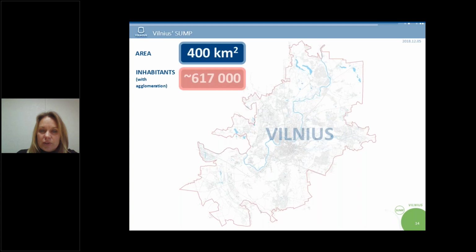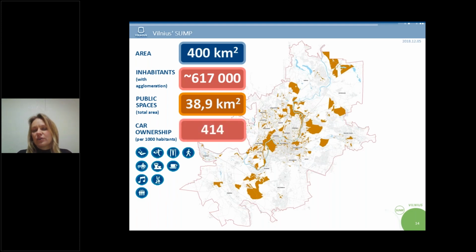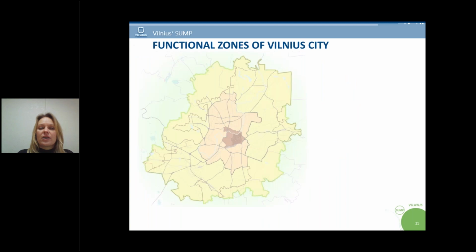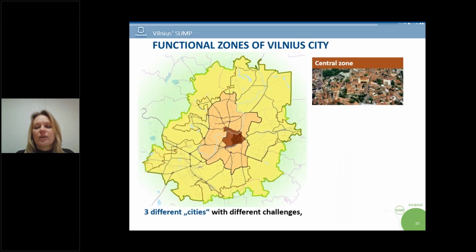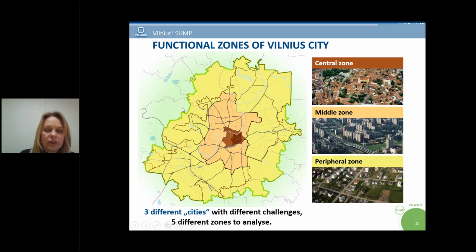So to continue about the methodology and process of doing Vilnius SUMP, I need to get you a little bit into the context, not into the details about how many streets or how many cars or bus lines we really have, but just to show that we see Vilnius not in the boundaries, which are those brown lines.